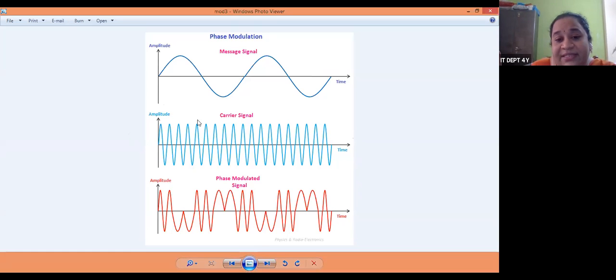How is this carrier signal going to change when our signal changes its phase? Here it changes its phase from 30 degrees to 90 degrees, and again 90 degrees to 30 degrees, and here it reaches 180 degrees.